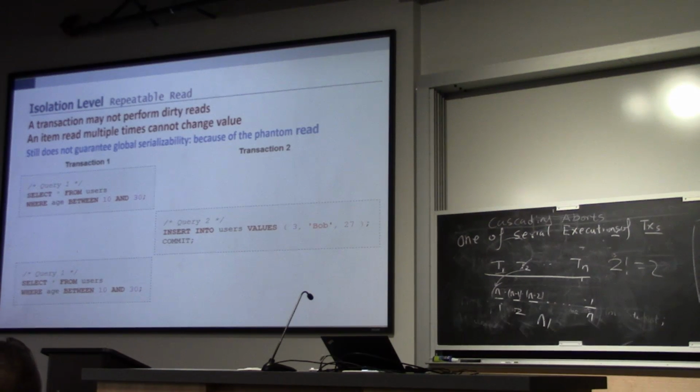Condition 2: an item read multiple times cannot change value. Do we have an item written multiple times, more than once, that has changed value? This is actually a little bit tricky. Yes or no? I'm going to say yes. I have an item written multiple times that changed value.